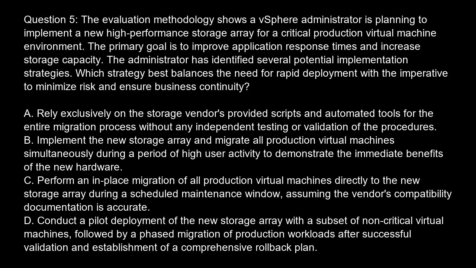Option C. Perform an in-place migration of all production virtual machines directly to the new storage array during a scheduled maintenance window, assuming the vendor's compatibility documentation is accurate. Option D. Conduct a pilot deployment of the new storage array with a subset of non-critical virtual machines, followed by a phased migration of production workloads after successful validation and establishment of a comprehensive rollback plan.